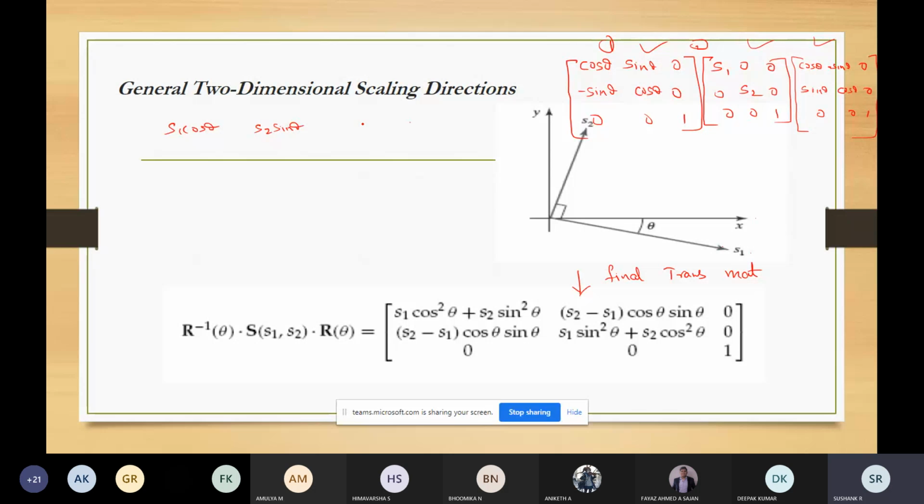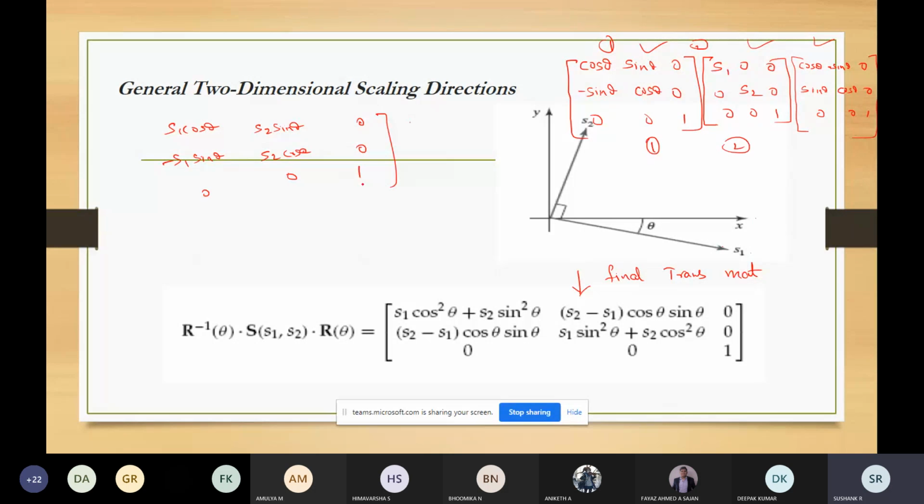The last line will be 0. After that, minus s1 sin theta, 0, then s2 cos theta, again 0. The last line will be 0 0 1. So this will be the product of matrix 1 and 2.